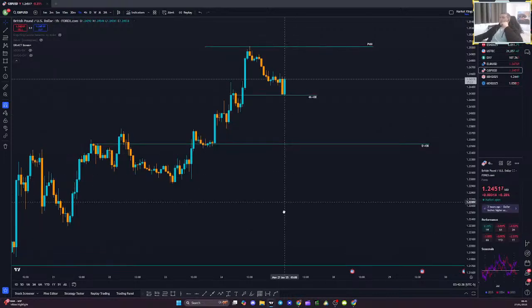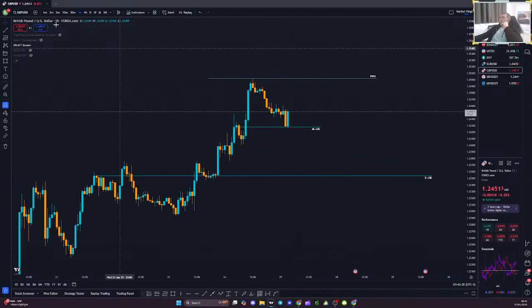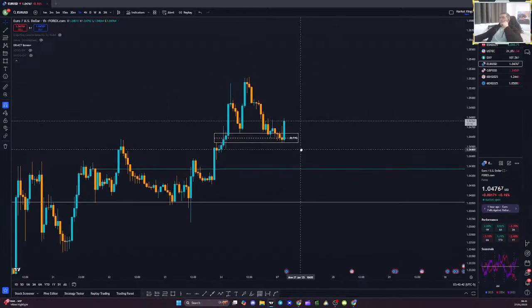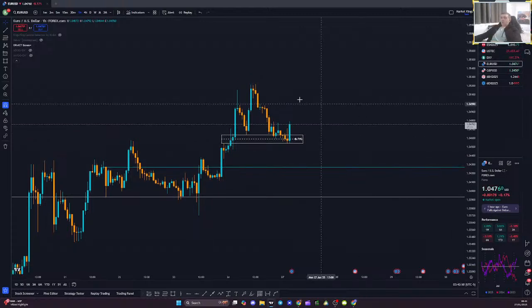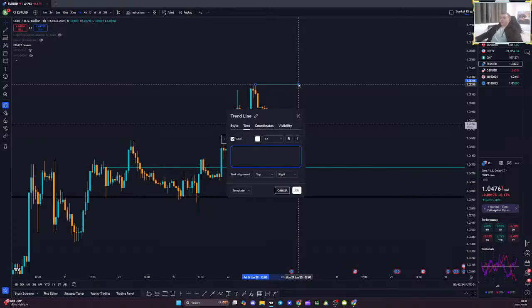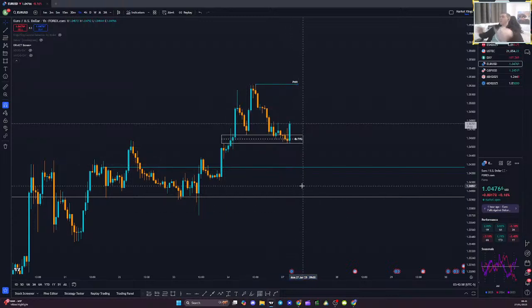Do you have anything for pound? Nope. But I do like how we are supporting this 4-hour fair value gap. So for now, previous weekly high. It's obviously my target for now.